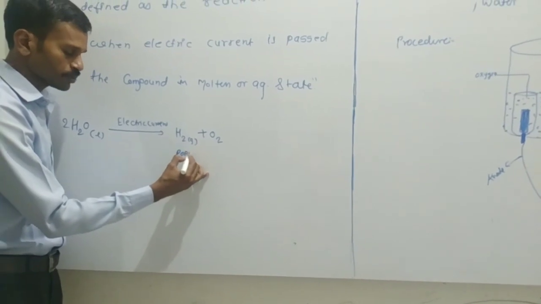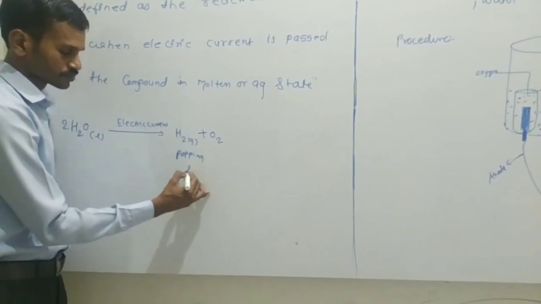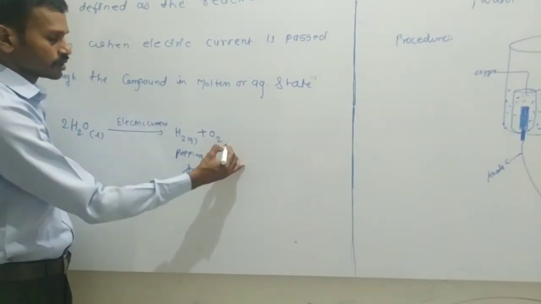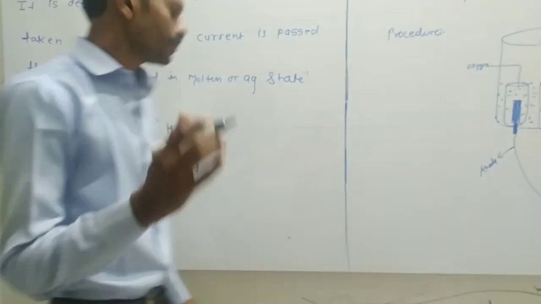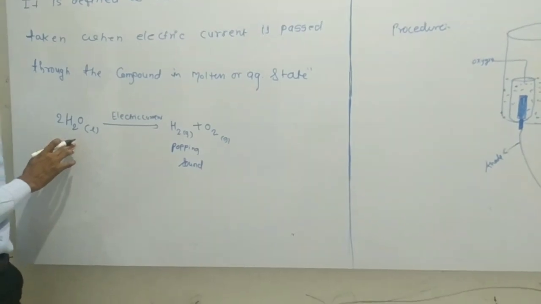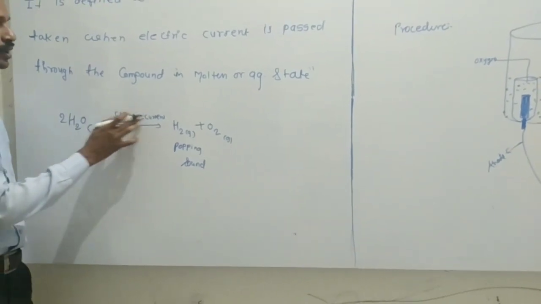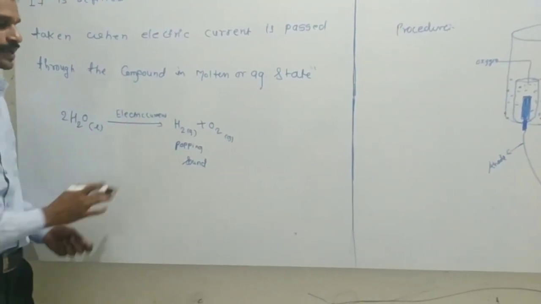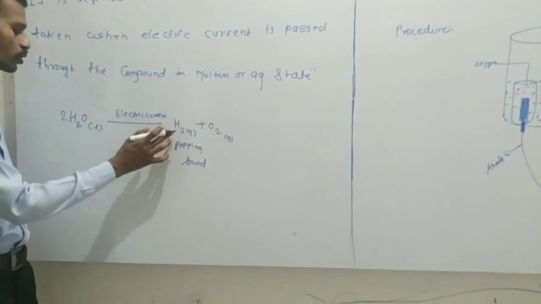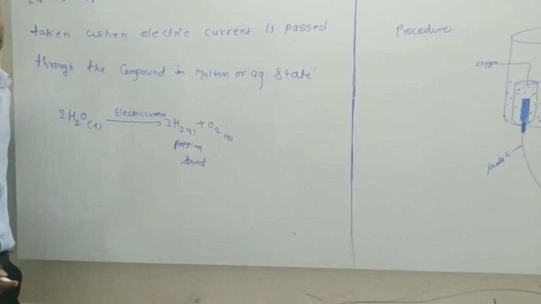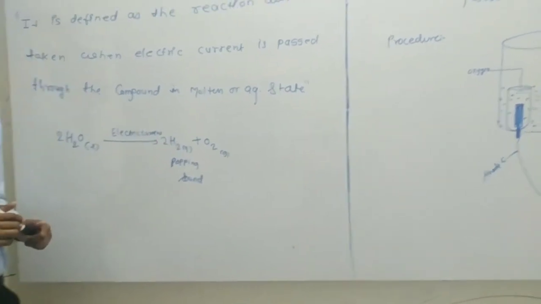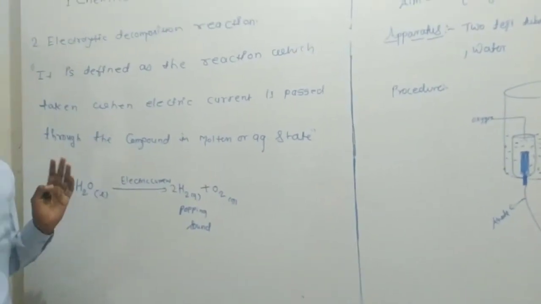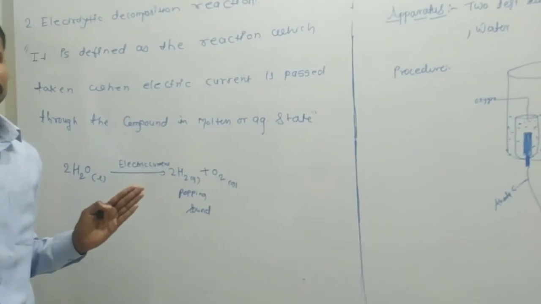This is the popping sound produced. Okay. So this type of observation we will get. Electric current, popping sound actually present, so twice H2 for hydrogen and O2 for oxygen. This type of chemical reaction is actually taking place.